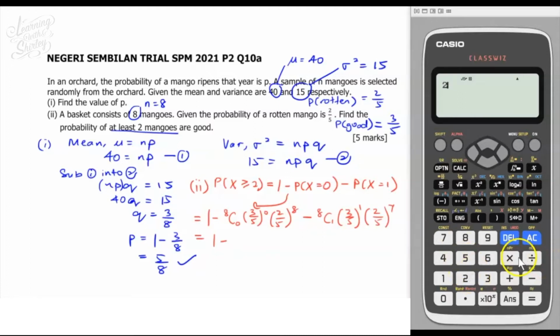Okay, so 2, okay, bracket 2 over 5, close bracket, to the power of 8. So press the SD to get your answer in a decimal. So this is 0.1234. The fourth one, we start to write the numbers.